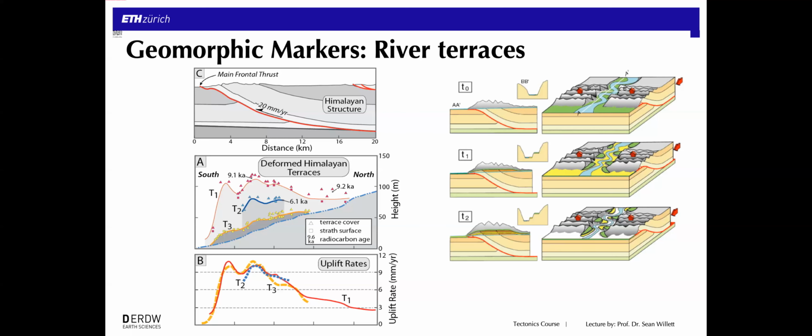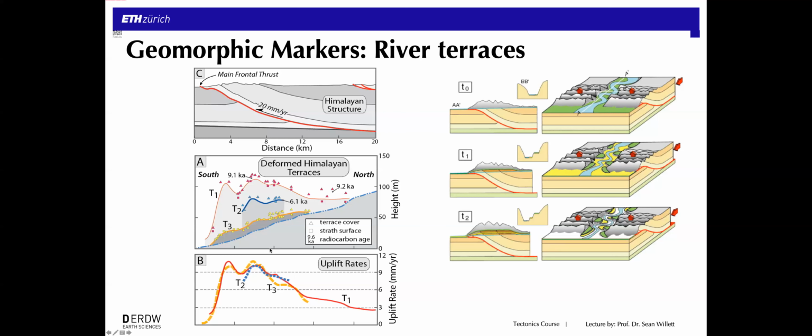Keep in mind also that the uplift is the difference between the elevation of the terrace and the river, not the elevation of the terrace and sea level or something like that. It's this delta, the difference here, that's important. If we take that elevation difference and convert it to uplift rate by knowing, again, the age, and these are the ages of these terraces, 9,000 years, we find that, in fact, the uplift rate is pretty constant with time.